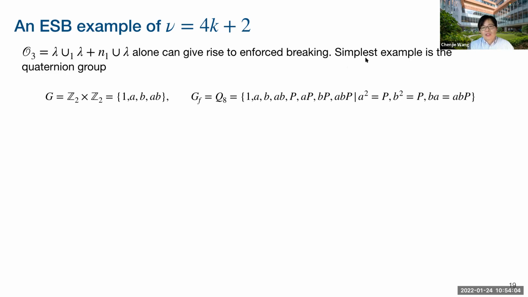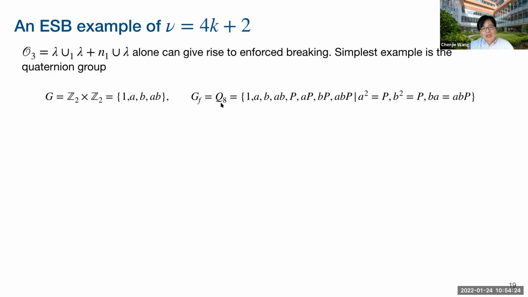So the simplest example for the enforced symmetry breaking in this case is actually the quaternion group. This quaternion group is the group formed by quaternion numbers. So in that case, this G is actually Z2 cross Z2, and we can denote the elements as 1, A, B, A times B, and the GF.